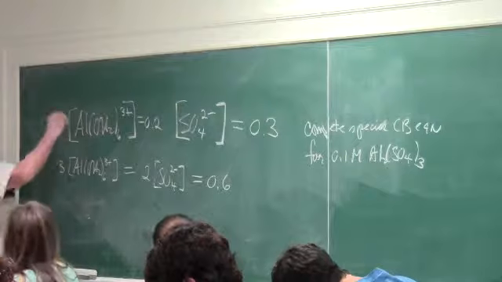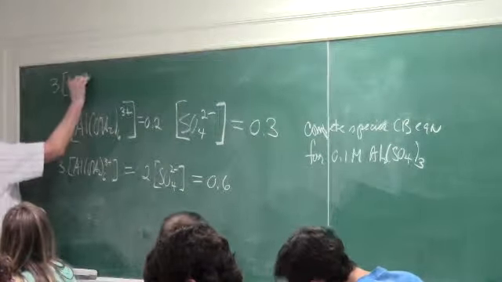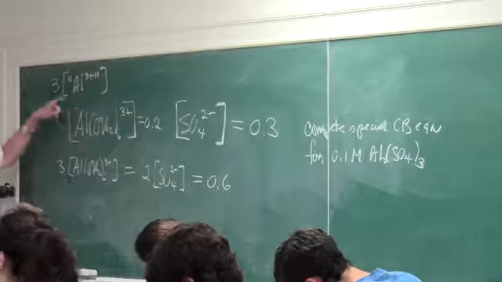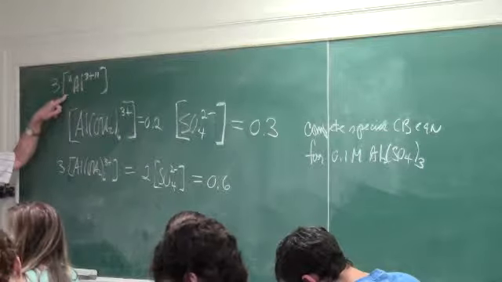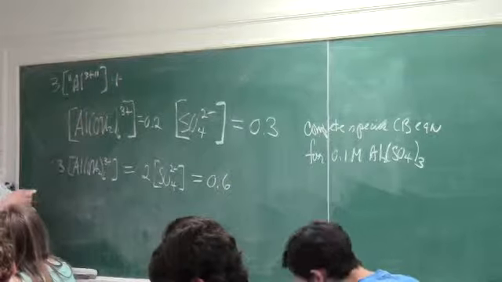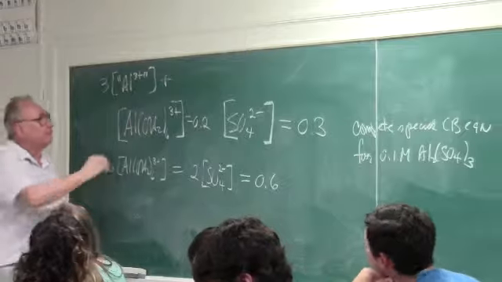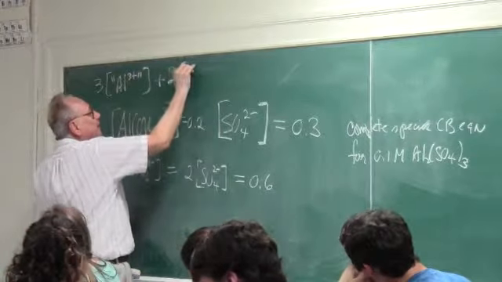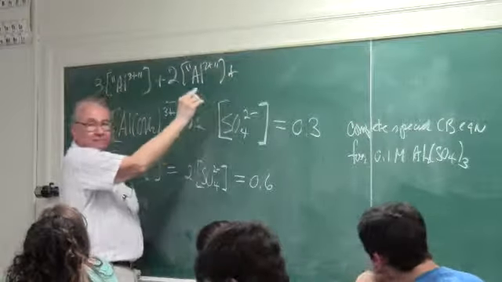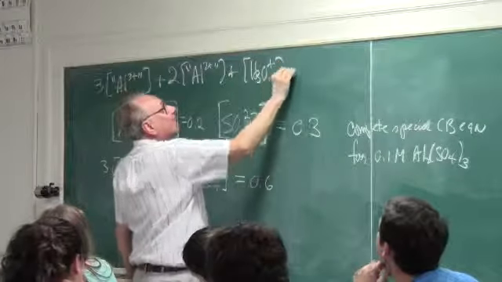Well, we can write what we got so far. And I'm going to write this as this. You see the parallel to what I did there? Okay? What's the next thing I write? 2 times concentration. How about this? Next thing? Next thing?